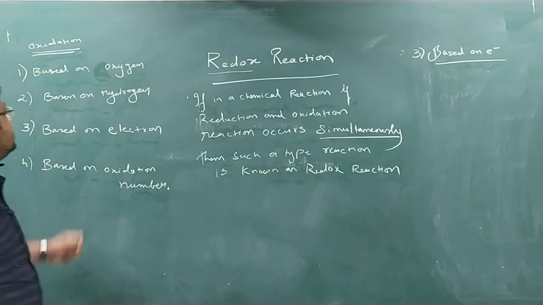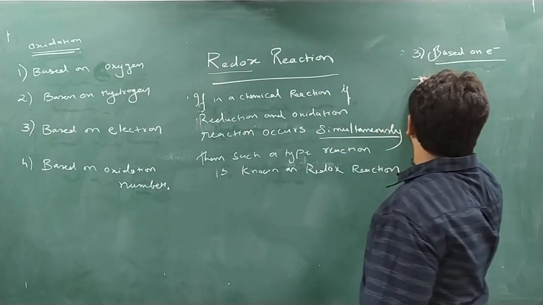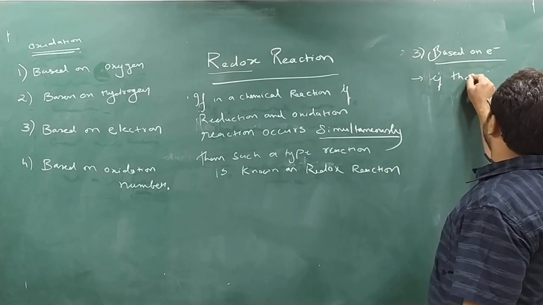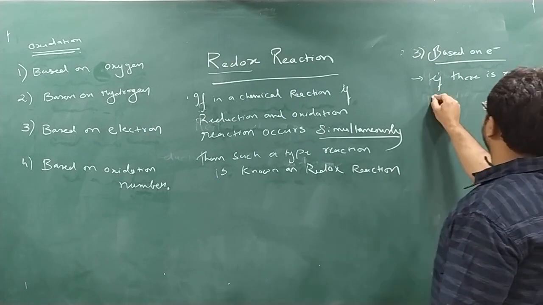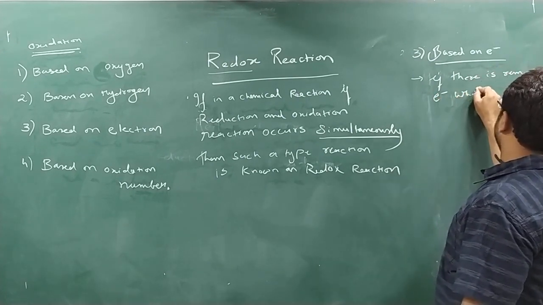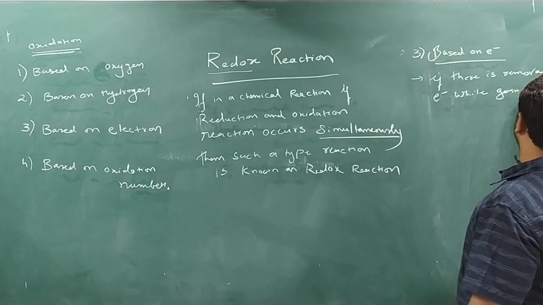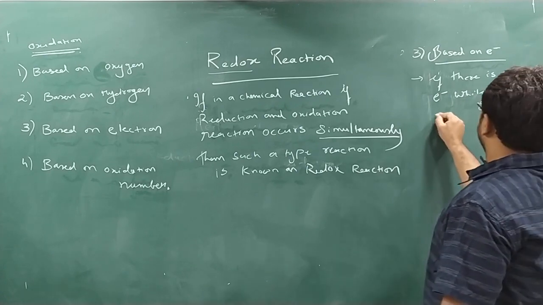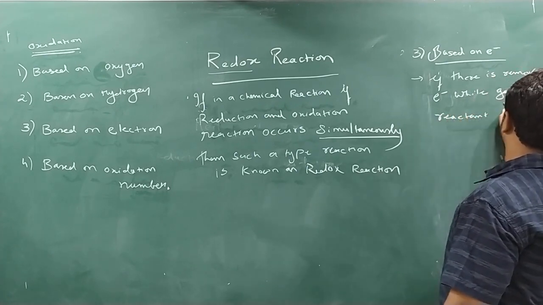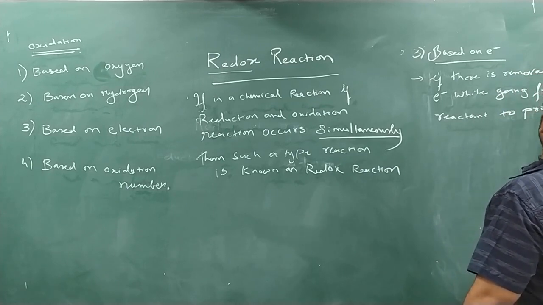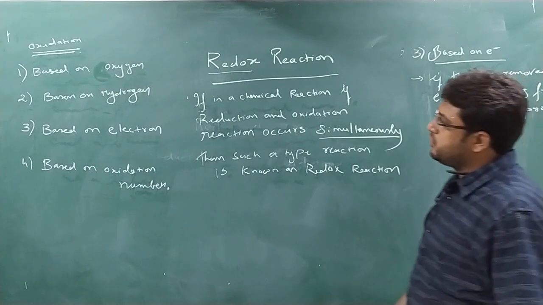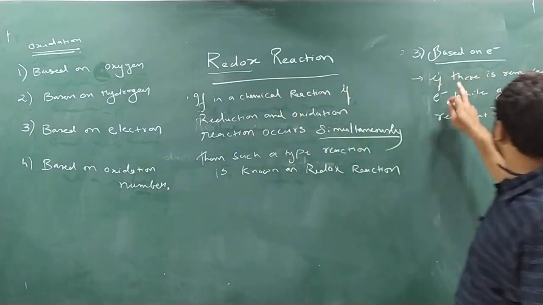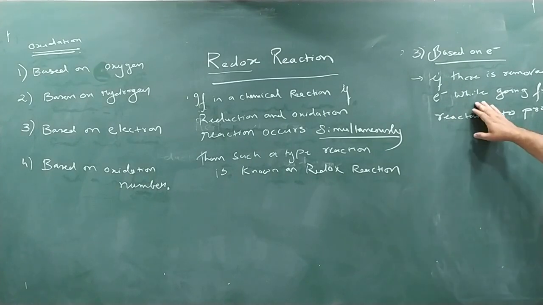So based on electron, the definition of oxidation says if there is removal of electron while going from reactant to product, means electron should be removed.